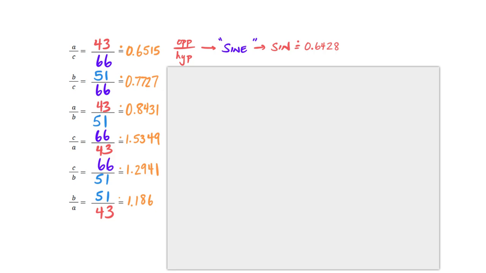There are our names. What you see in purple is the formal name for that calculation. It's universal. Anytime you take the opposite and divide it by the hypotenuse in a right triangle, that is called your sine ratio.